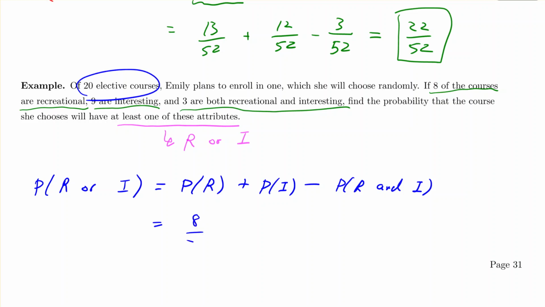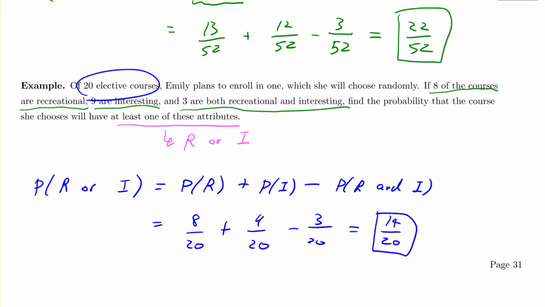So 8 out of 20. Just interesting, 9 out of 20. And the overlapping part is 3. So if you calculate this, we get 14 out of 20. So that's the probability that the course Emily chooses will be at least interesting or recreational. It could be both, but it's guaranteed that at least it will be interesting or recreational, one of them. And the probability is 14 out of 20.